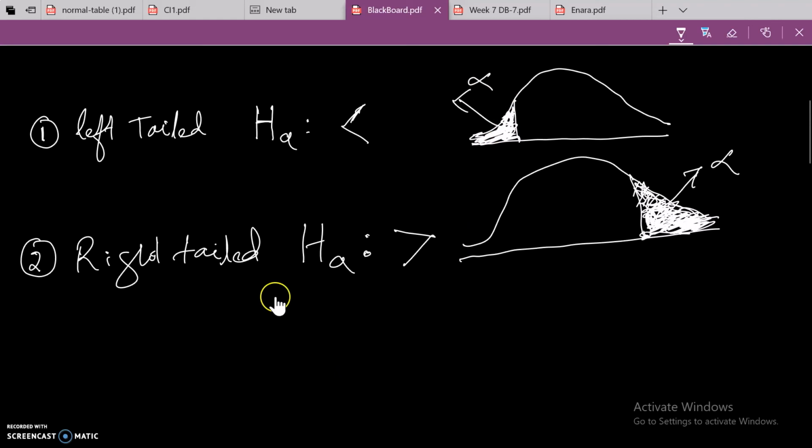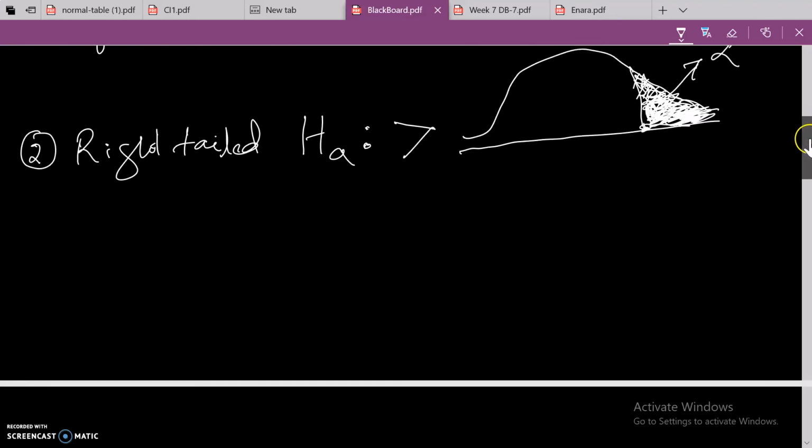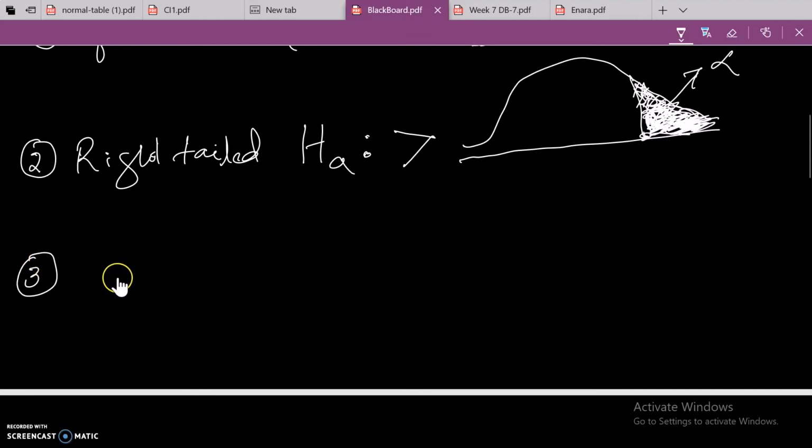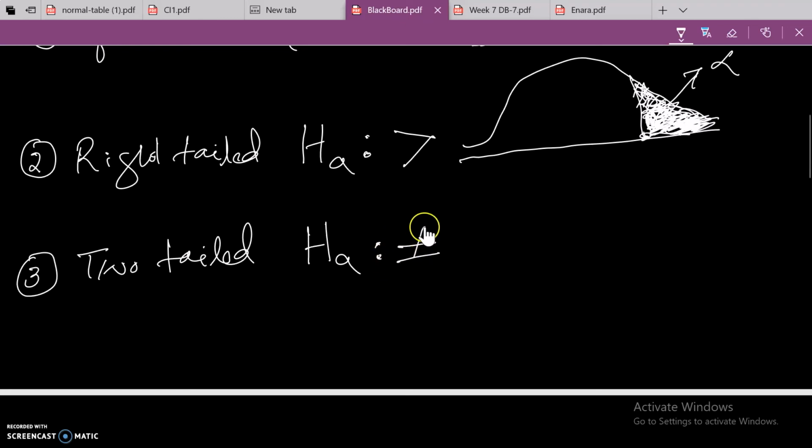Now, a hypothesis test will be a two-tailed test, this is the third one, if the alternative hypothesis contains what? It contains a not equal symbol. If it contains a not equal symbol, this is an indication of a two-tailed test. And how does it look?